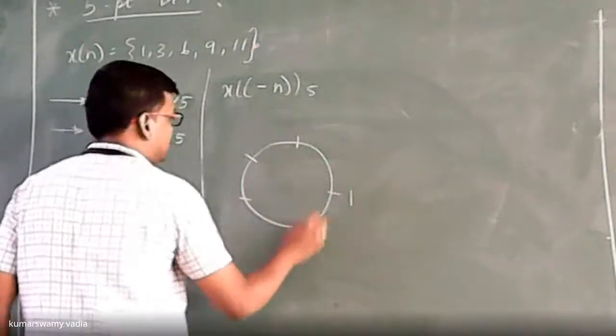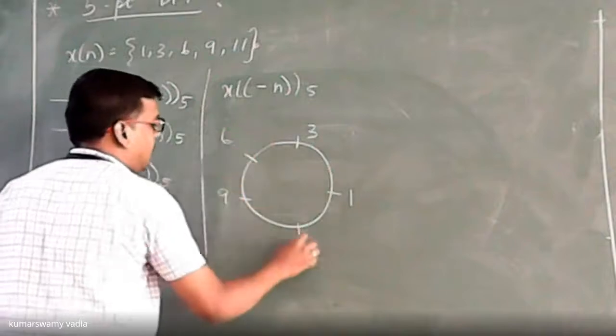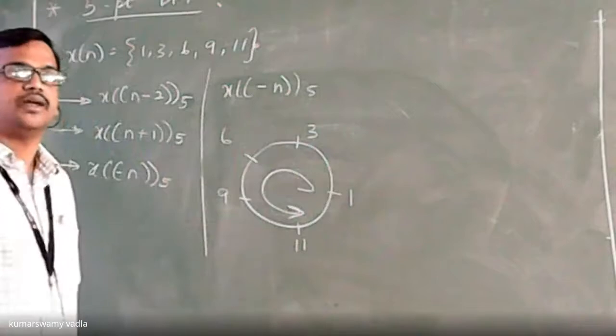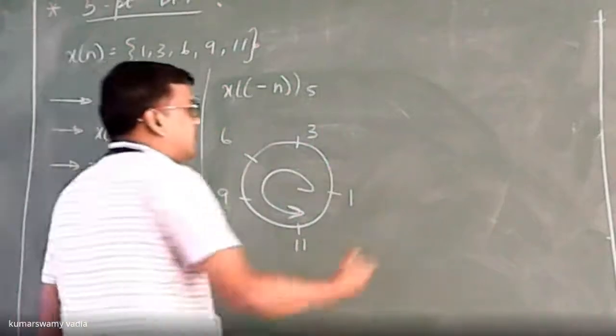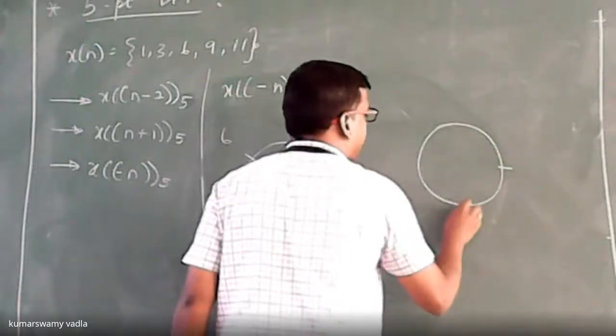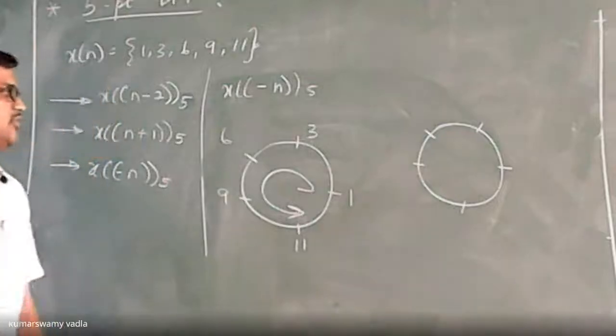What is that? 1, 3, 6, 9, 11, in terms of anti-clockwise direction. Now, what do you need to do for reflection, friends?